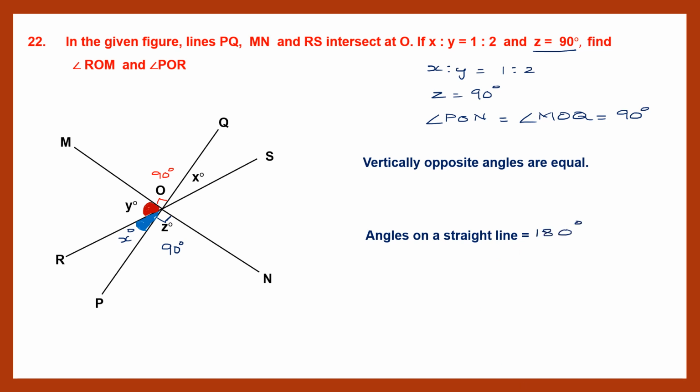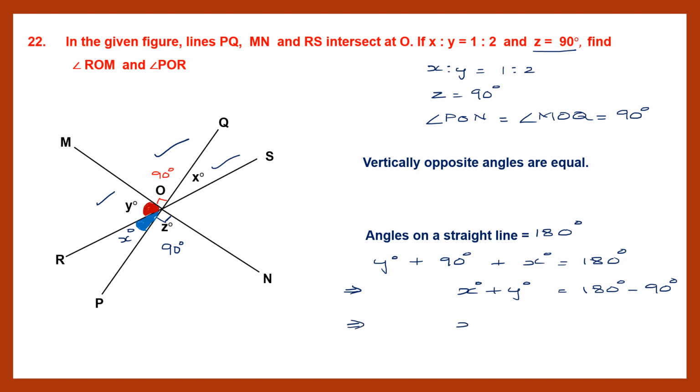So we are going to add up all these angles, that is y degrees plus 90 degrees plus x degrees is equal to 180 degrees. So this is an equation as you can see. So I'm going to take 90 to the other side. That means x degrees plus y degrees will be equal to 180 degrees minus 90 degrees. So x plus y is equal to 180 minus 90, which is 90 degrees.